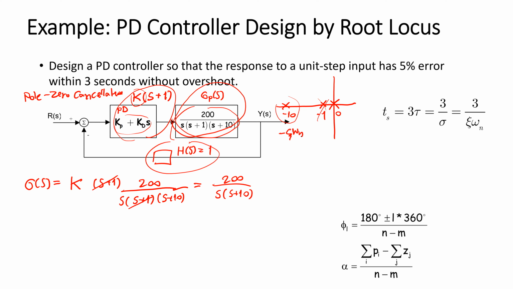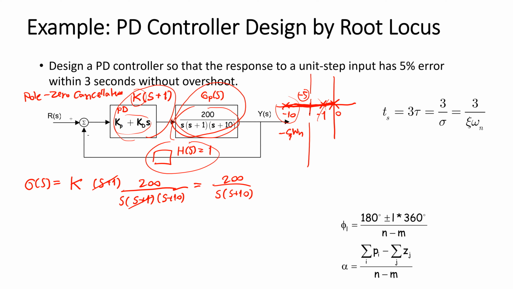It means if I leave -10 and I cancel -1, the locus will travel between these two poles. Maybe the asymptote is at -5.